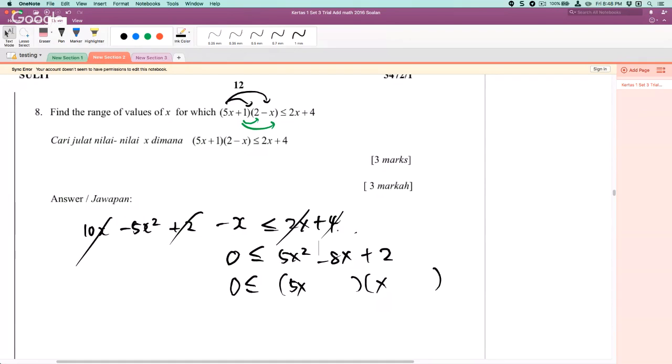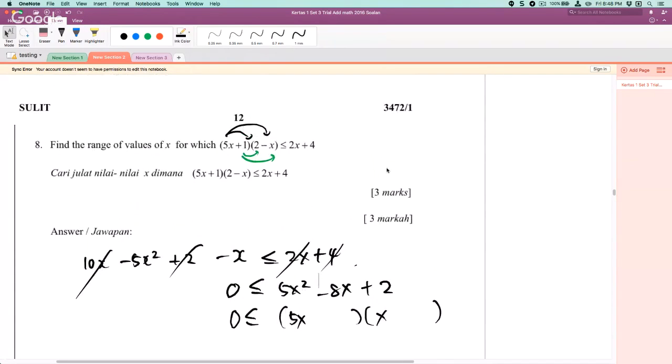Yeah, correct. But how come we couldn't factorize this one? So let me use the calculator to test. Can we factorize it? Negative 8, 2. Yeah, actually we get some decimals, and I don't think our answer is a decimal.